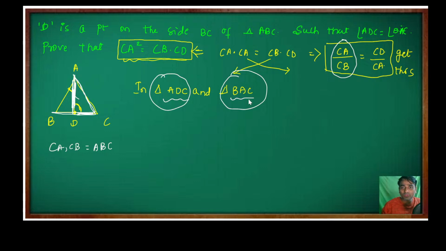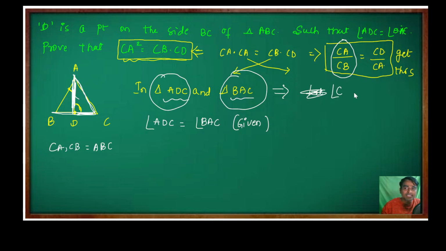What is given to you? Angle ADC is equal to angle BAC is given to you. Means one angle is equal, given. And if you see, in these two triangles, letter C is common, right?